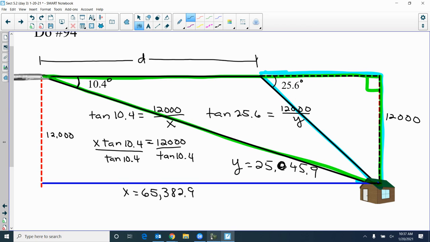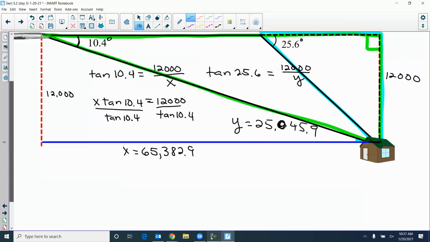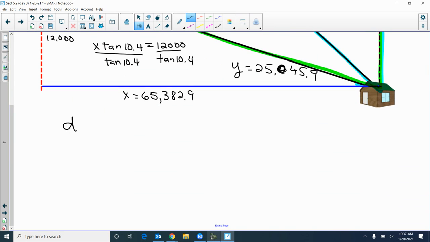All right, now you got to watch, because it asks for the speed. He's done everything right. You got to subtract those two, and then you do get 40,000 for that, but that's not your final answer. What do you still have to do to that? Divide by 2, because it takes 2 minutes to do that. So our D is going to equal x minus y.